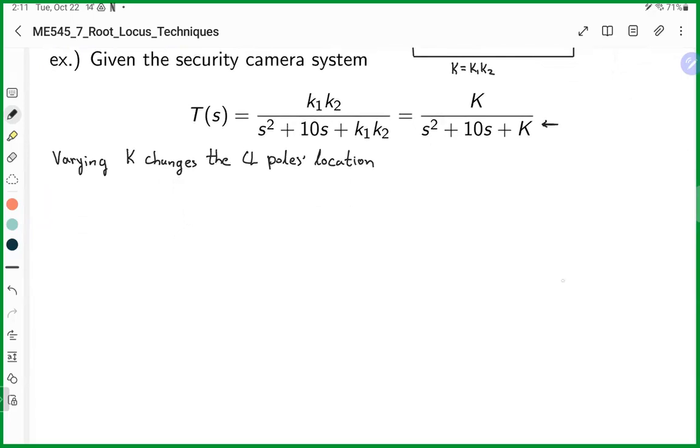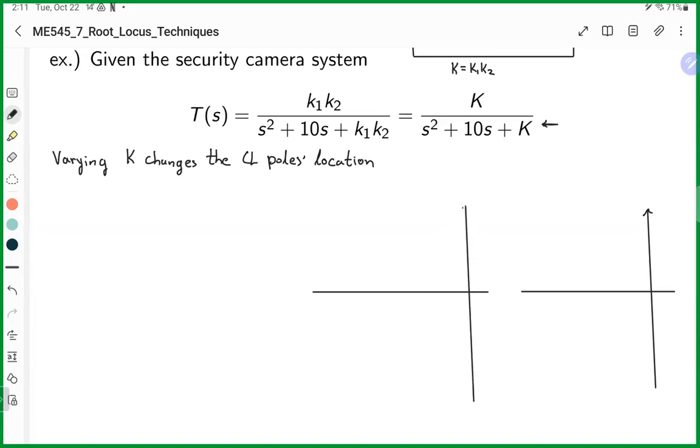So I'm going to draw out the pole zero map. I'm going to draw two plots here. We have the imaginary axis and the real axis. We go to -10 down to 0, -5 here.